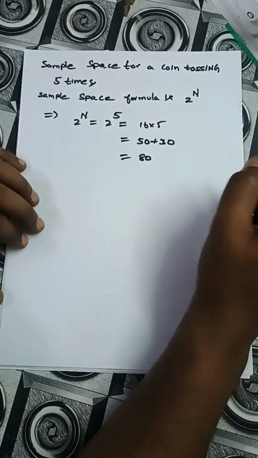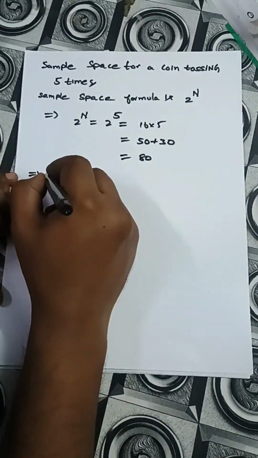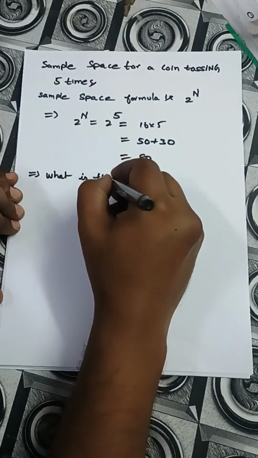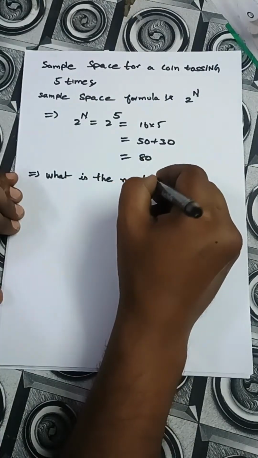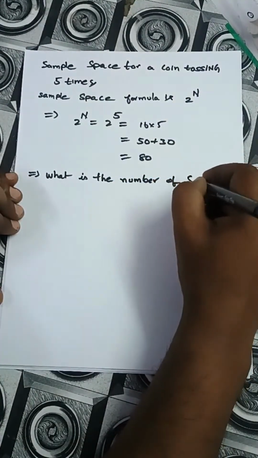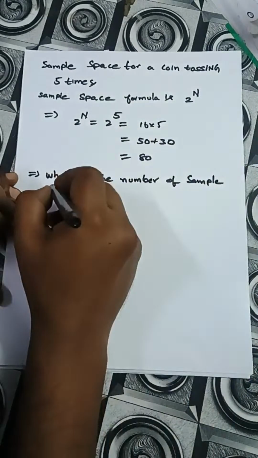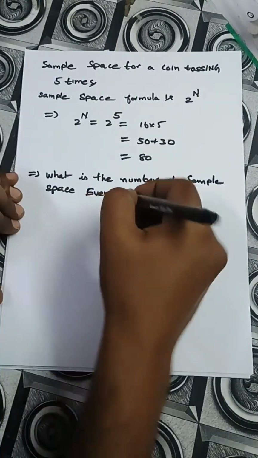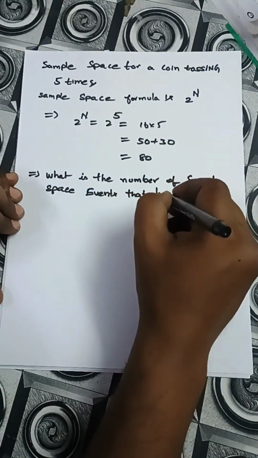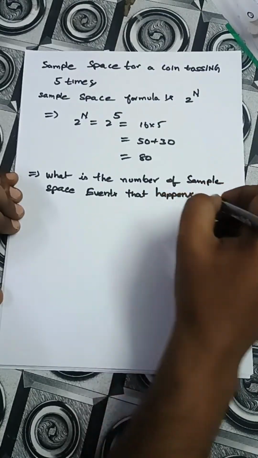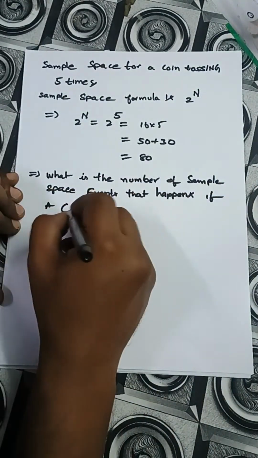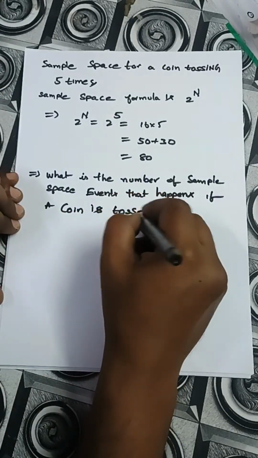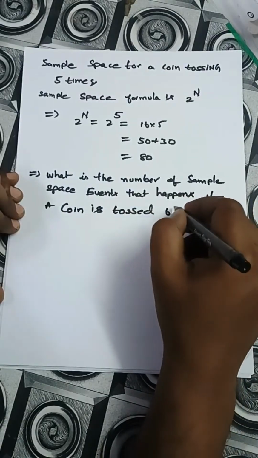Okay, and another question: what is the number of sample space events that happen if a coin is tossed 6 times?